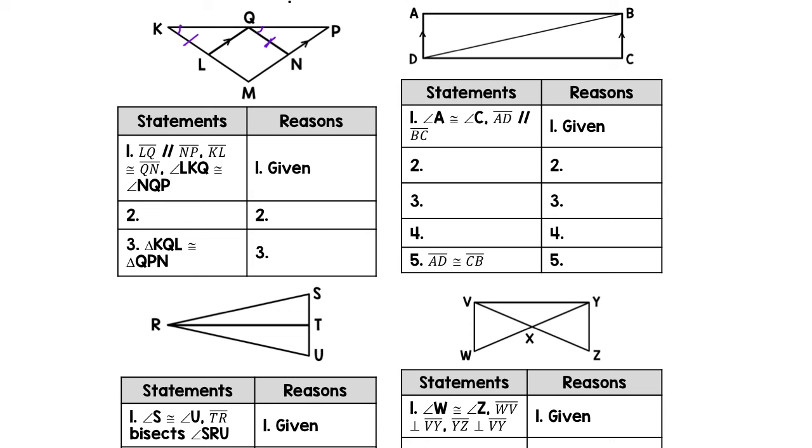Well, if we know that QL and NP are parallel lines, we can say that angle KQL, is going to find an angle that lies along that parallel line, is congruent to angle QPN because they're corresponding angles.